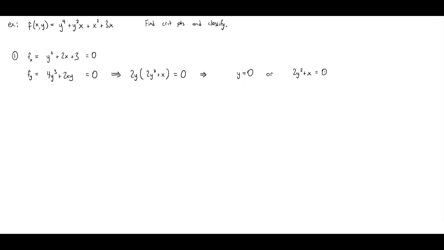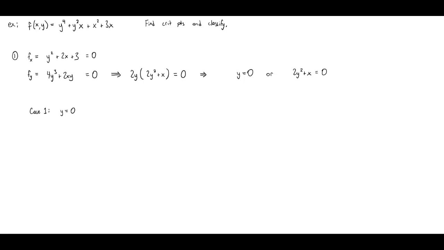So I have these two possibilities, so I'm going to consider each of them separately. I'm going to break the problem into two cases now. So let's look at case 1. Let's consider the possibility that y is equal to 0.